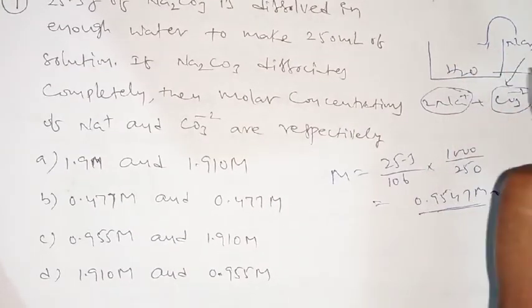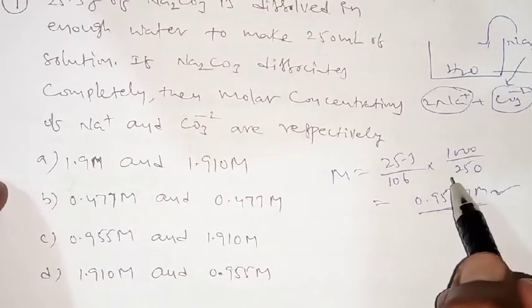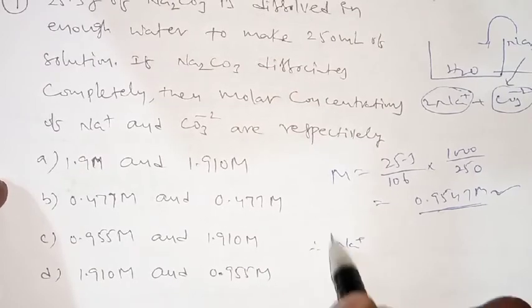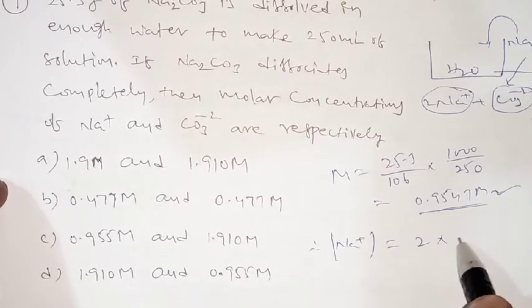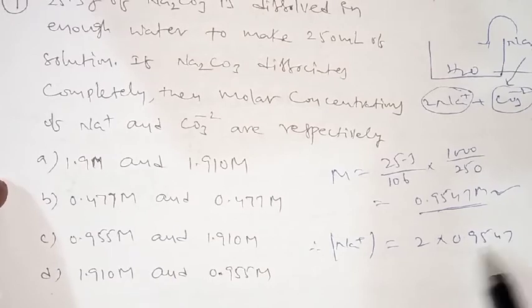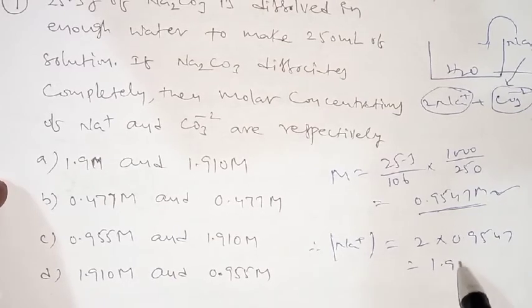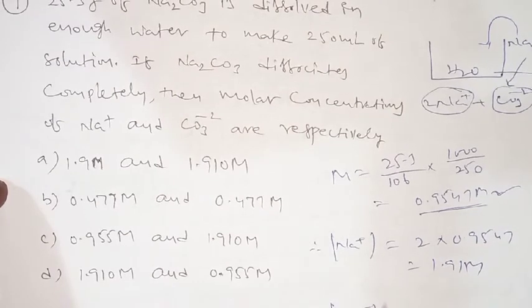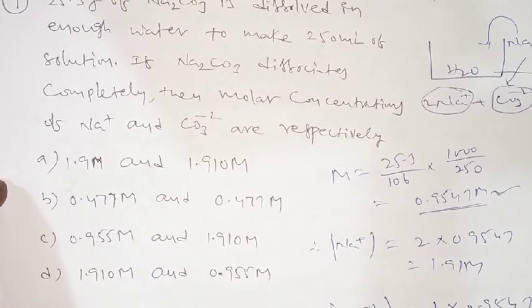Now in this solution, how many sodium ions are there? 2 sodium ions. Therefore, sodium plus concentration is equal to 2 into 0.9547. You will get 1.91. How many carbonate ions are there? 1 carbonate ion. That is why CO3 2 minus concentration equal to 1 into 0.9547, that is 0.955.